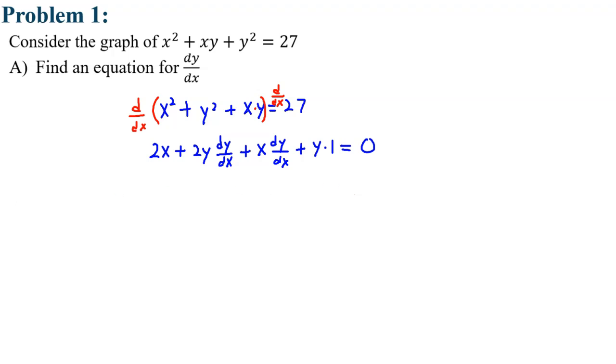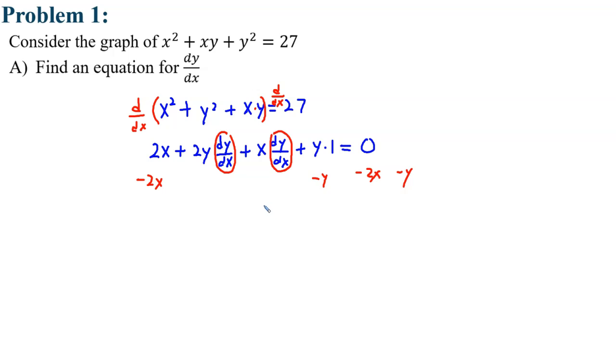So step 1 was to find the derivative of both sides of this equation. The next thing to do is to find dy over dx, so we want to isolate it and write it by itself. Remember, we will get all the stuff without dy over dx to the other side of the equation. So I'm going to subtract 2x on both sides, and I'll also subtract y on both sides.